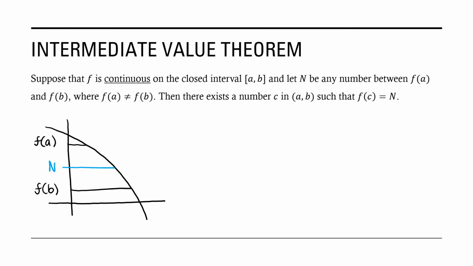And f of a cannot be equal to f of b. And if these things are true, there's a number c in a, b. So let's find our a, b, such that f of c is equal to n.